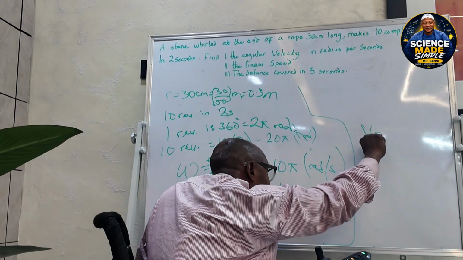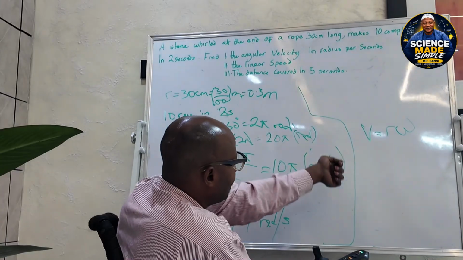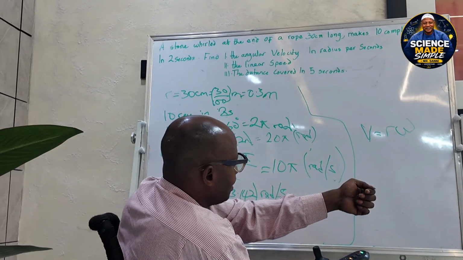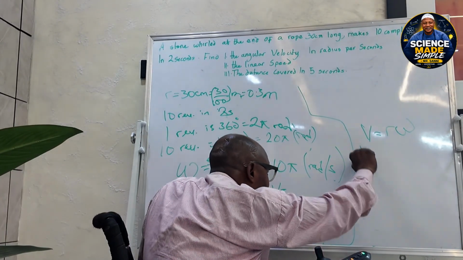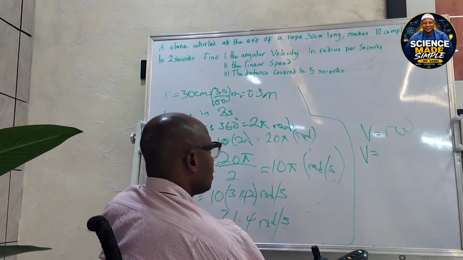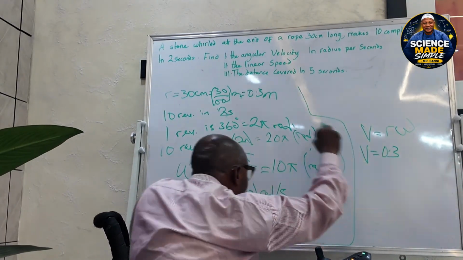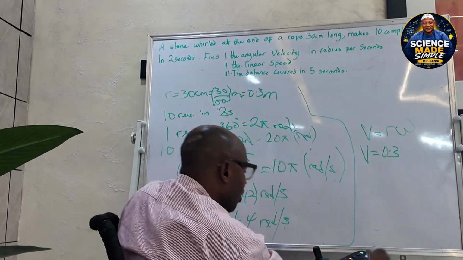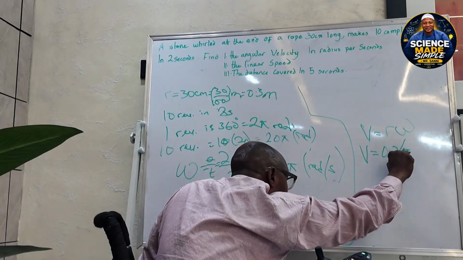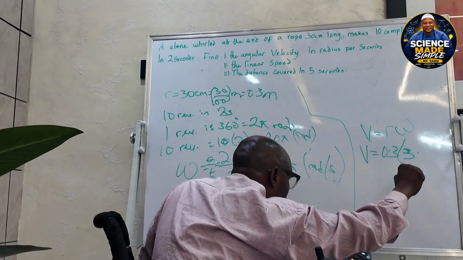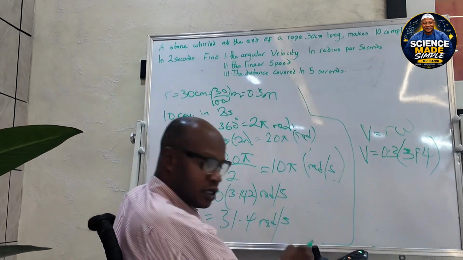since we know that our linear speed is the same thing as r omega. The relationship between our linear speed and the angular speed is v is equal to r omega. Our v here will be equal to r, which is 0.3 meter, times omega, which is 31.4 radian per second.